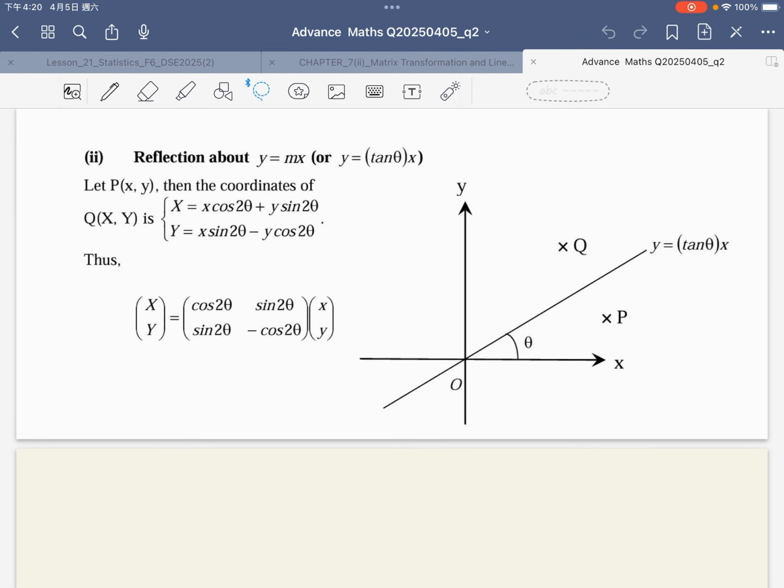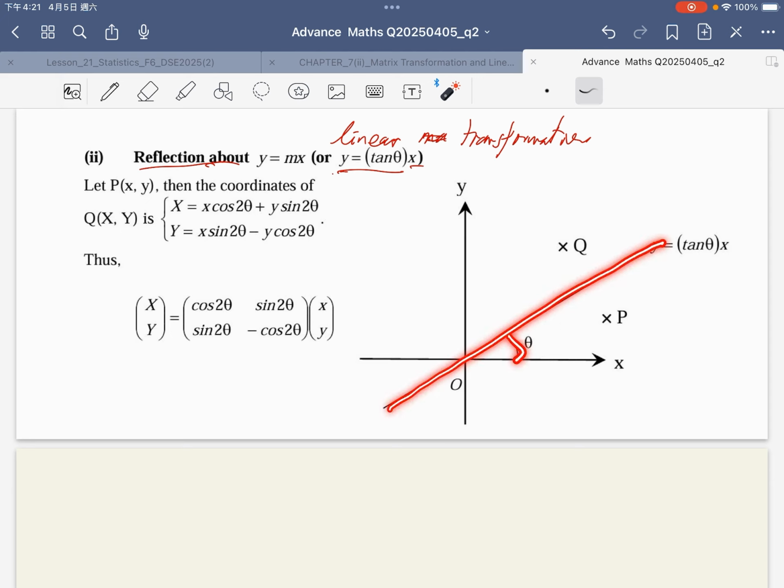This question is also very important: matrix rotation and linear transformation. Very important linear transformation. It is the so-called reflection about a straight line y equals tangent theta times x, where theta is the inclination of the straight line.